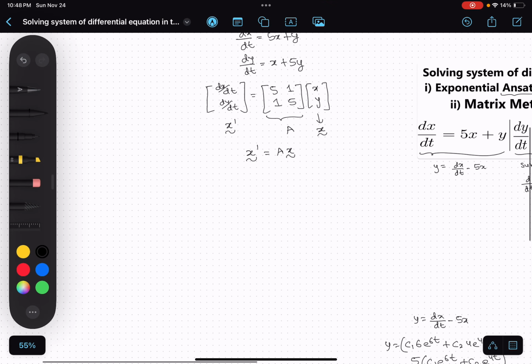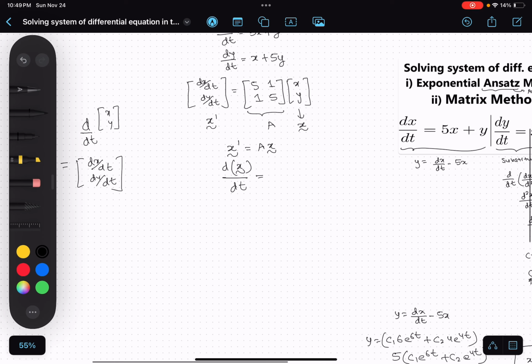Now this will just be d of x tilde over dt, which is almost like taking the derivative of the vector x y, with dx by dt and then dy by dt, so you can just see it as variables.